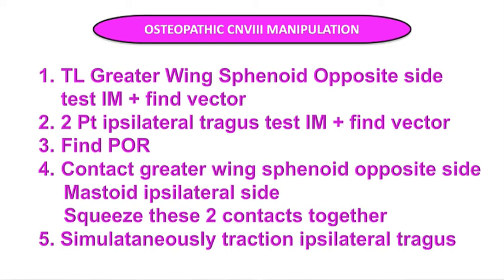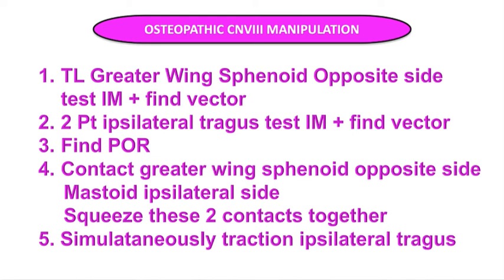And then you're going to do a 2-point therapy localization with the tragus on the ipsilateral side and test your indicator muscle. Then you're going to find a vector for the tragus that you're going to pull the tragus, the ear, simultaneously, and then you're going to find the phase of respiration.